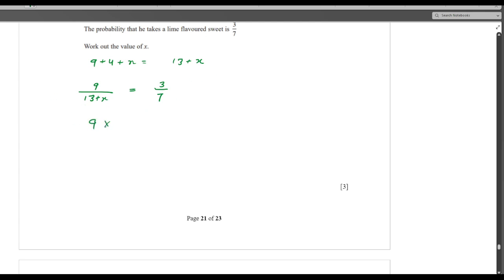So it is 9 times 7 divided by 3 equals 13 plus x. So 3 times 3 is 9, 7 times 3 is 21. So 21 is 13 plus x, and therefore your x is 21 minus 13, which is 8. So the result of x is 8. So your x value is 8.